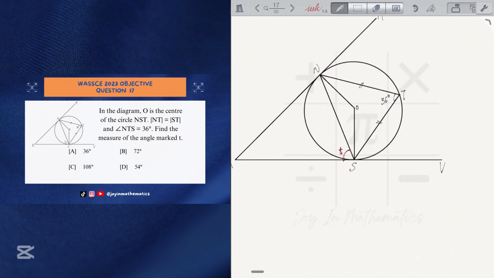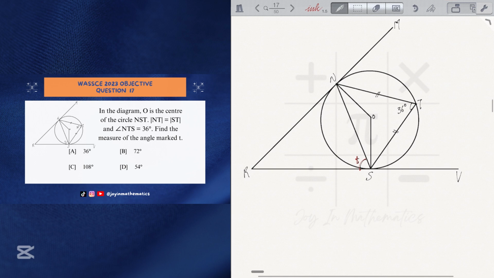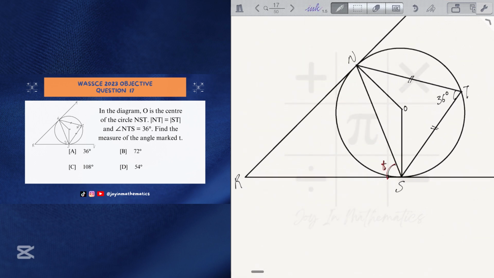Now, how do we evaluate angle T? There are so many ways we can choose to evaluate angle T. When we consider triangle NRS, if you know this angle and this angle, let's call this R and let's call this N. So we'll just say that R plus N plus T is equals to 180 degrees. That's one way.